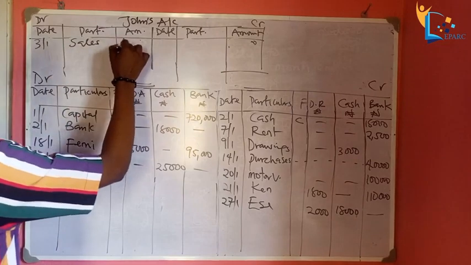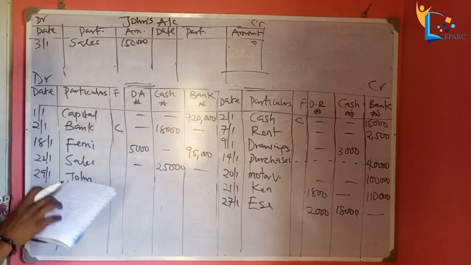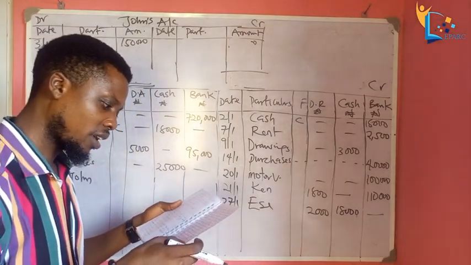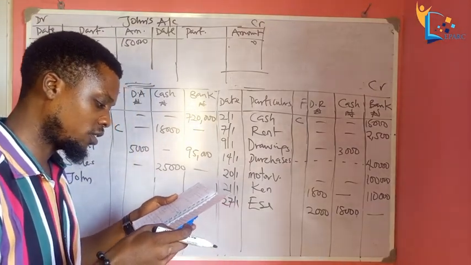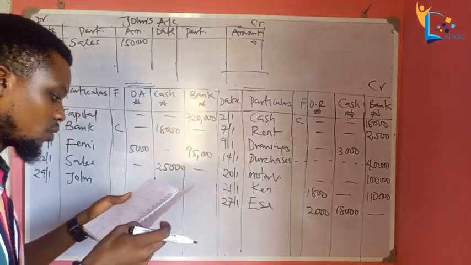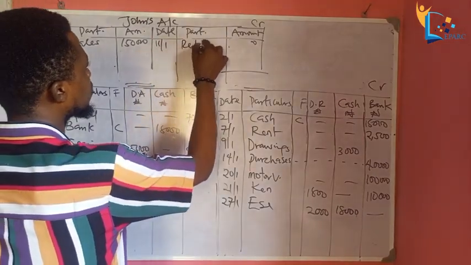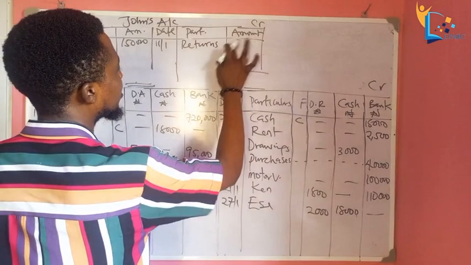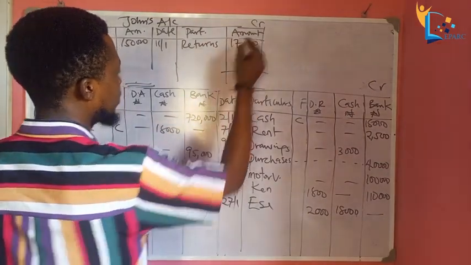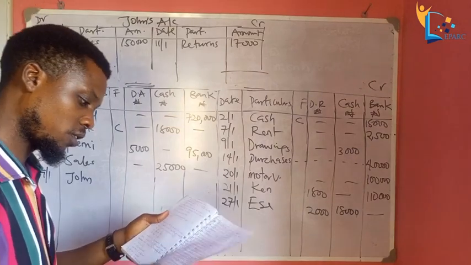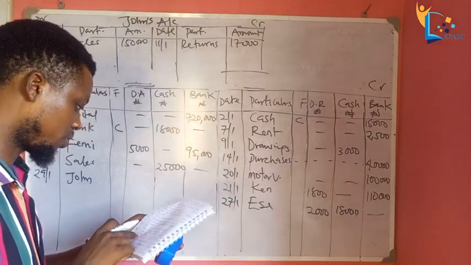Sales, 150,000. Did he pay us at any interval? Let's see. He returned goods worth 17,000 to us on the 11th. Returns, 17,000. So he gave us cash on this 29th.